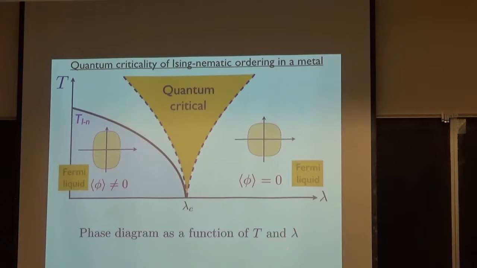So we have a phase transition between two Fermi liquids, which involves this Ising order parameter. Now, just like the discussion of the spin density wave antiferromagnetic Fermi liquid transition, there can be additional instabilities here, but I'm just going to ignore that for today's lecture.